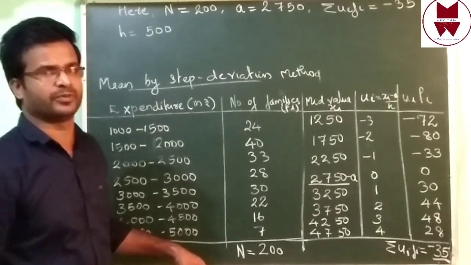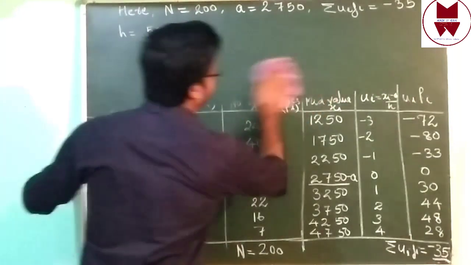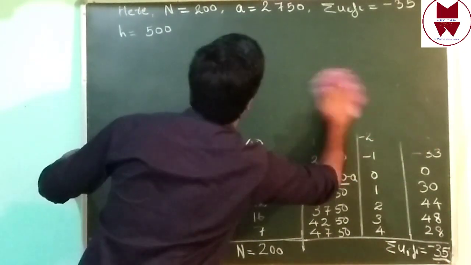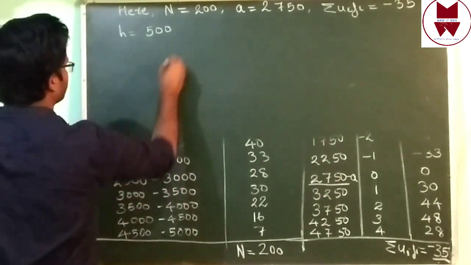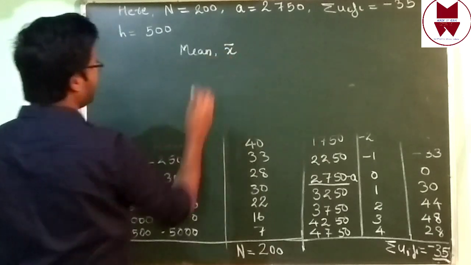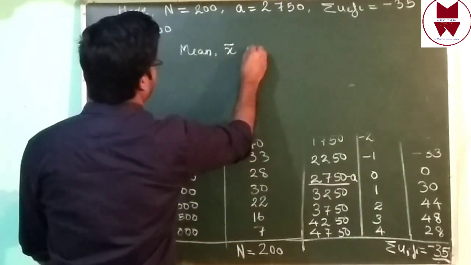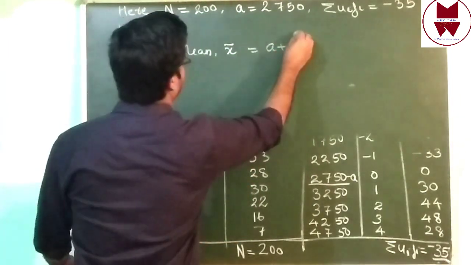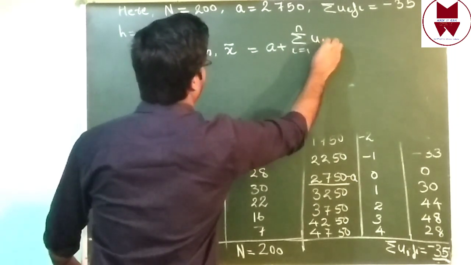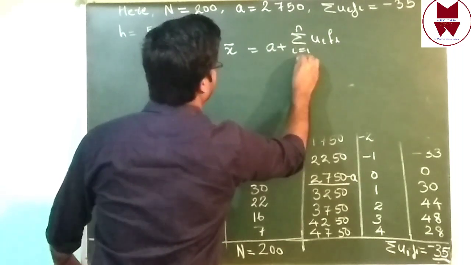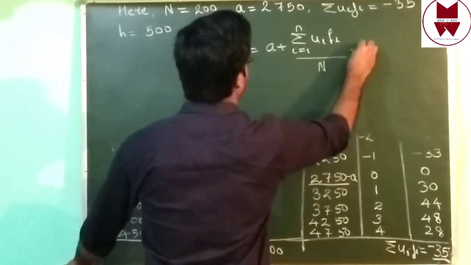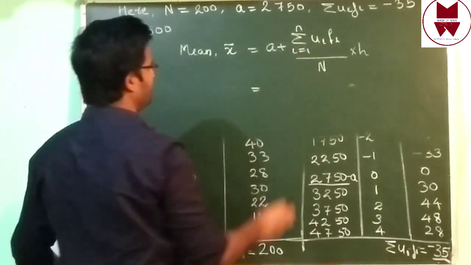Now we can use that formula. Mean, represented by x bar, equal to A plus sum of i equal to 1 to n ui fi divided by n, into h. Give all the values in here.